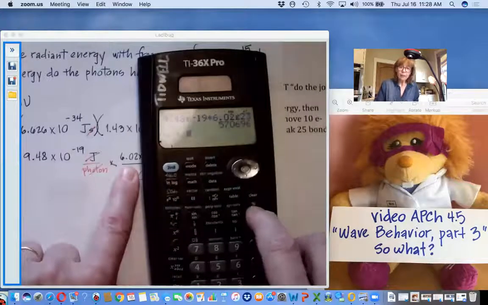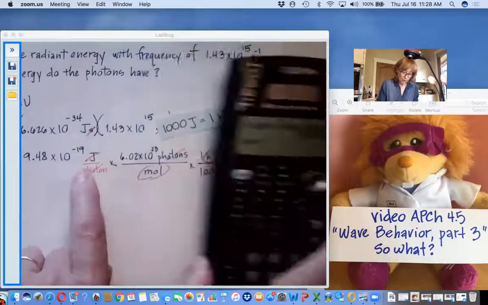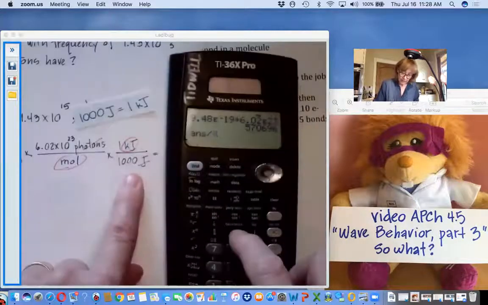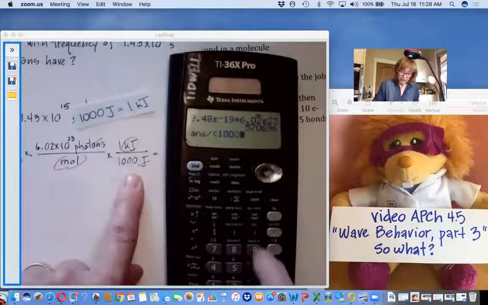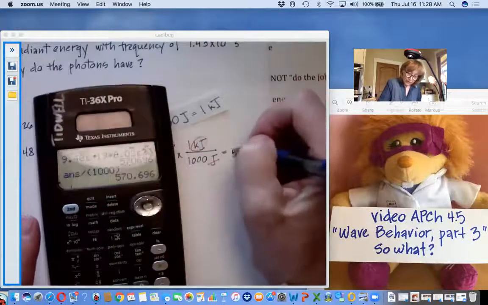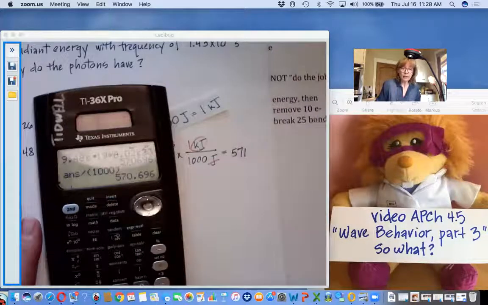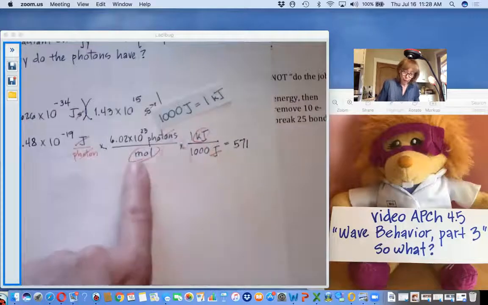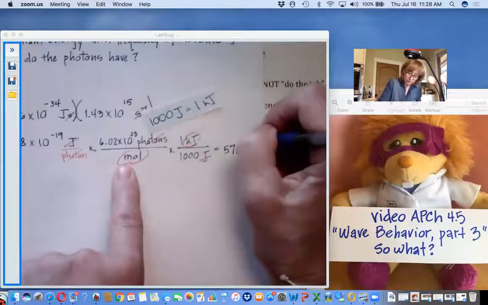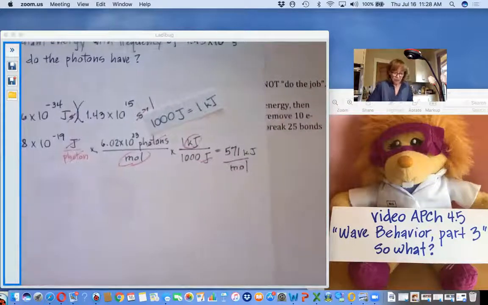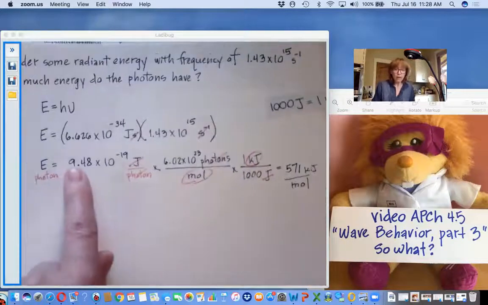And I divide by, and I always put my denominator in parentheses, my denominator is 1,000. So this 571 kilojoules per mole is the energy of a mole of my photons.